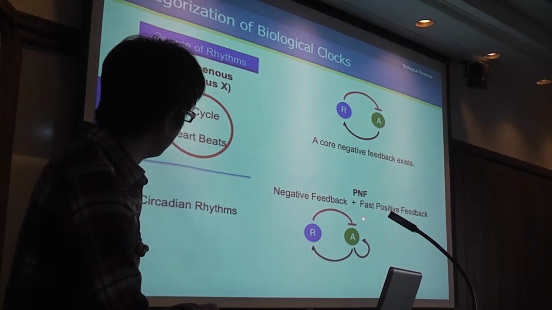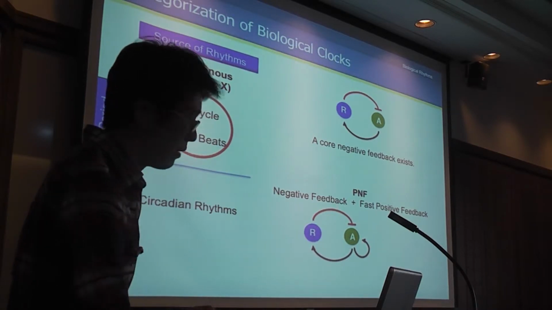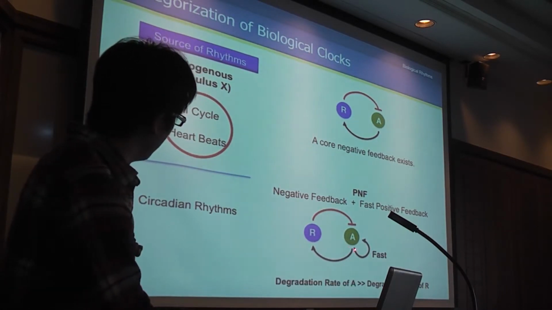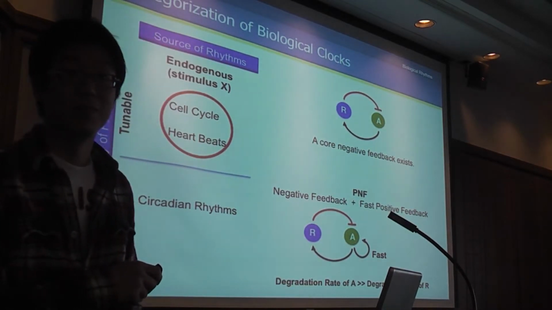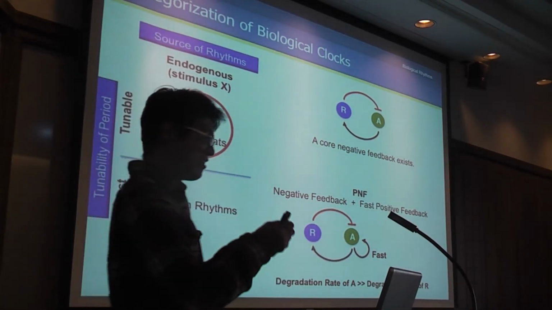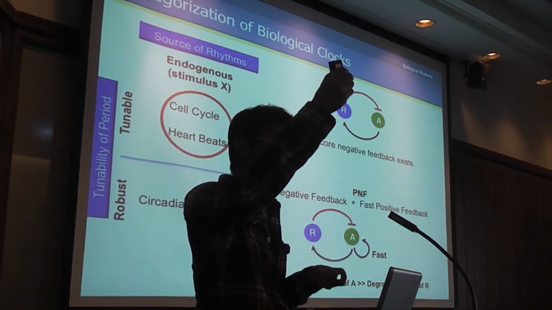Here, fast means this positive feedback loop has a faster time scale than this negative feedback loop. This means the degradation rate of activator is much faster than the repressor.